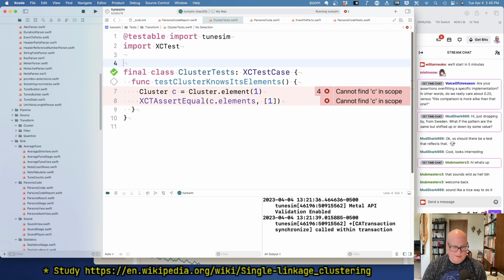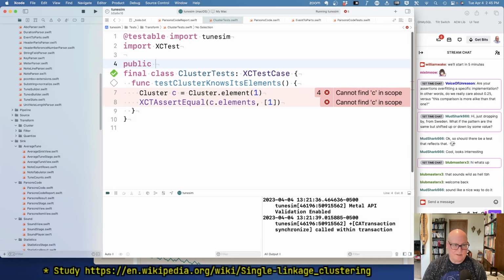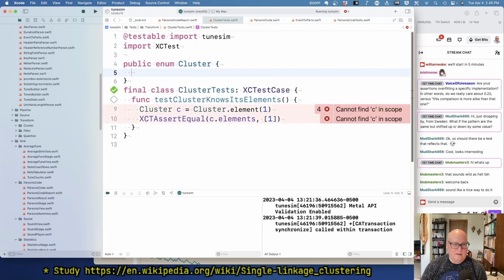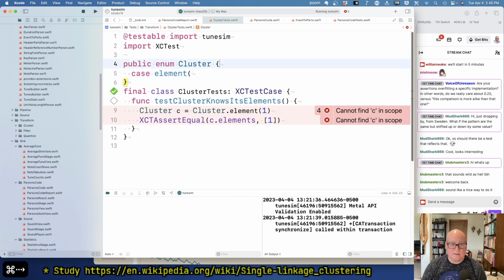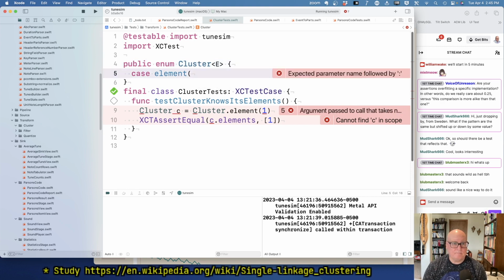All right, so it's public enum cluster, and we're saying it's got a case element which takes an int. No, which takes something. Well, I'm going to say this thing is generic. E. Takes an E.